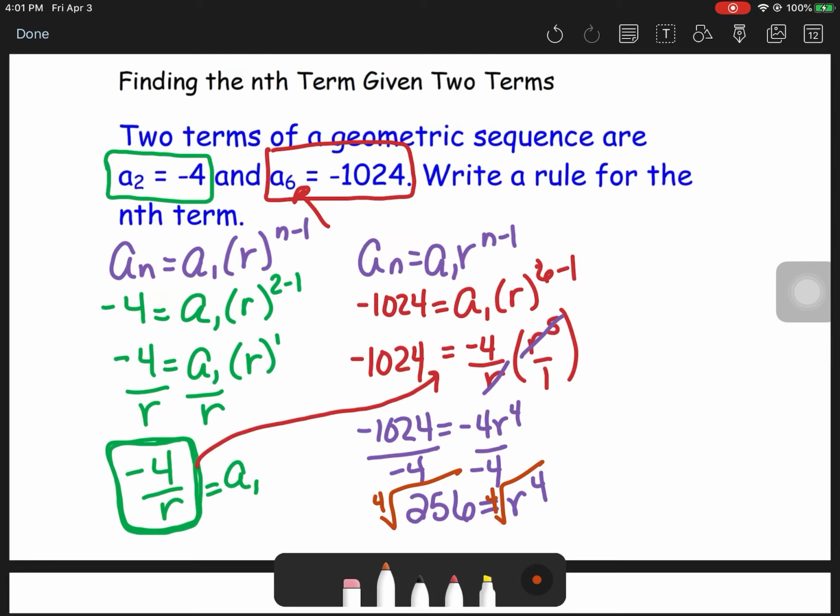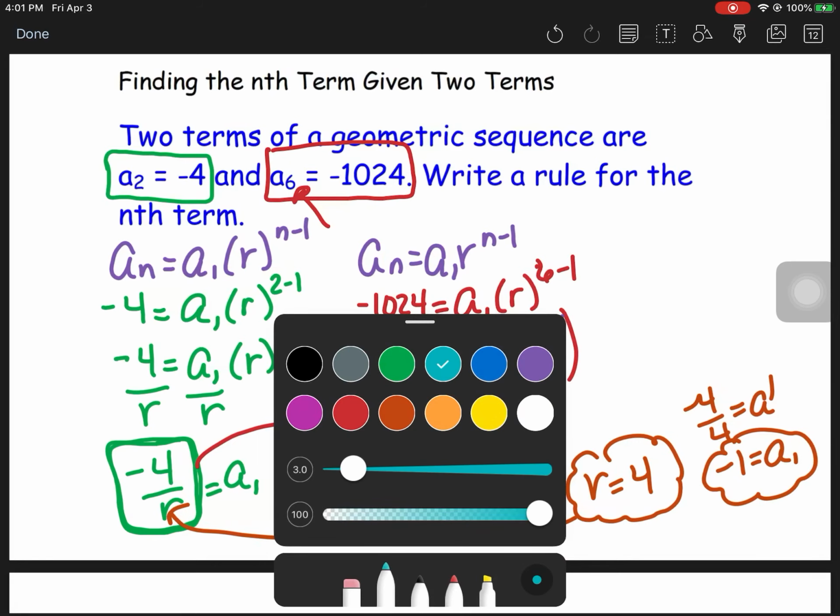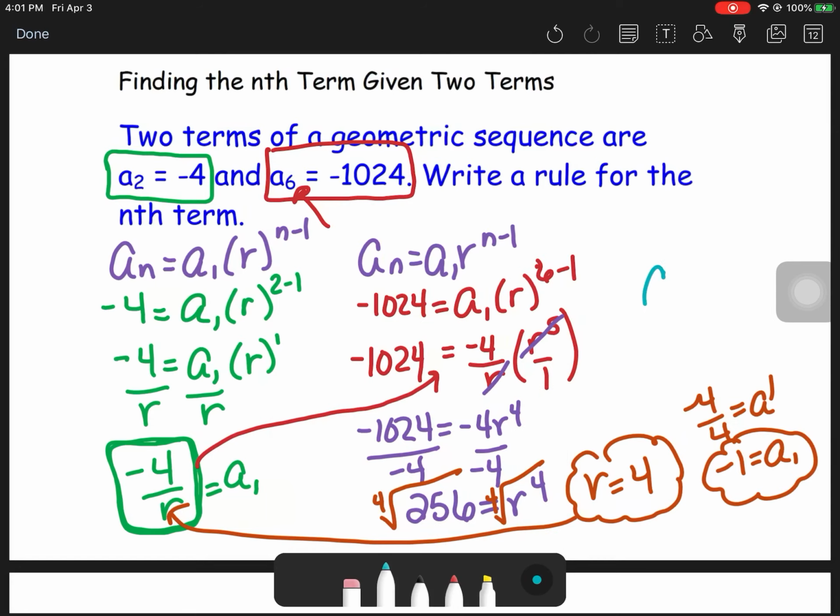So when we do the fourth root, we know that r is equal to 4. So we're going to plug that back in. So negative 4 over 4 equals a sub 1. That's going to be negative 1. And then now we can write the rule. This is one that has a lot more steps. So we have a sub n equals our first term times our rate to the n minus 1 power.